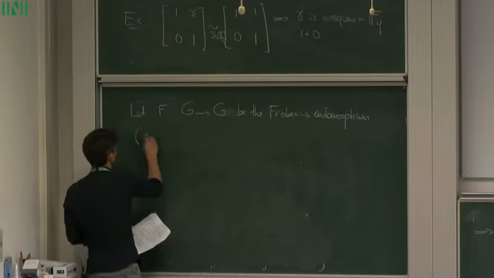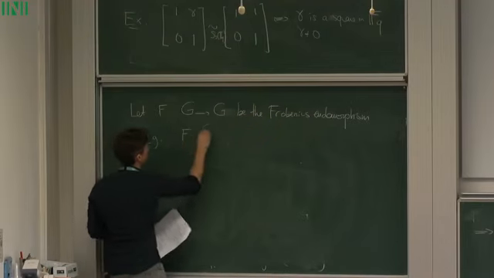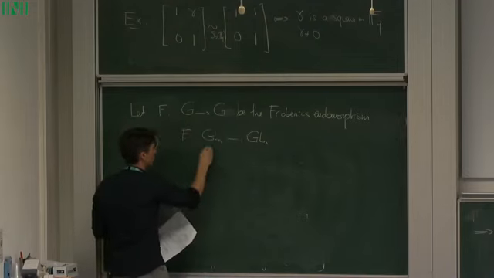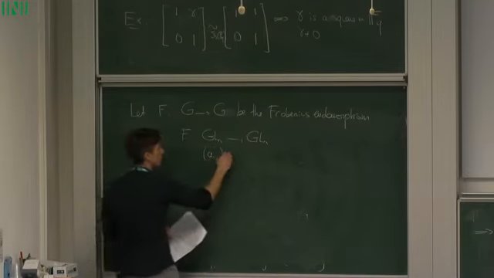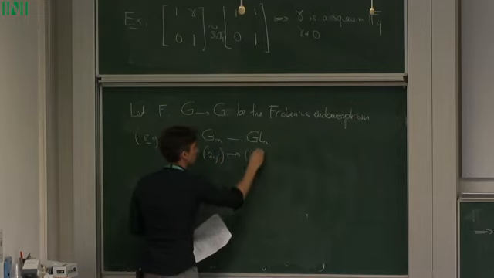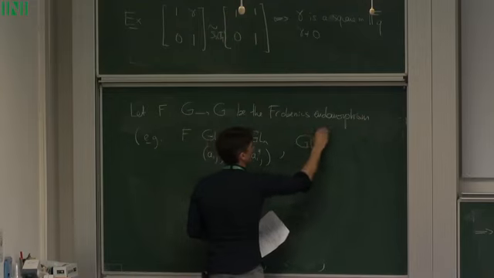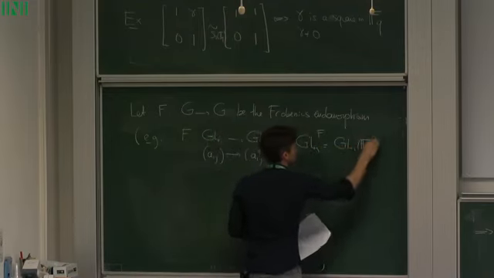For example, if I work with GLN and I want the standard GLN over FQ, I just consider the coefficients of a matrix and raise everything to the power q. If I take the fixed points, it gives me the FQ points of my algebraic group.